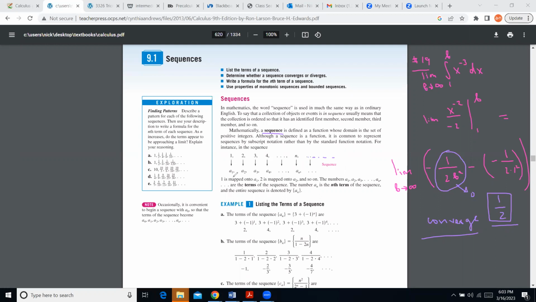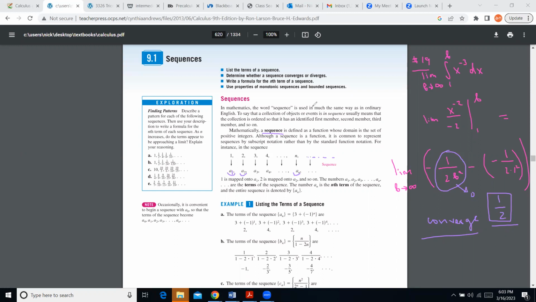So what they do is they produce names for each term. First term, a index 1, then second term, third, and so forth. And then if I can describe the so-called nth term, then I can describe the way this sequence looks like.